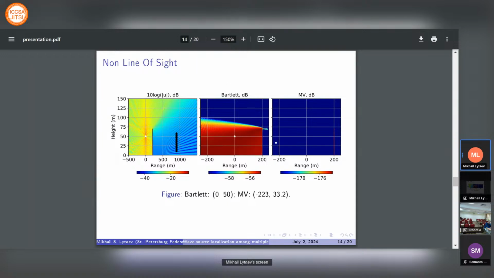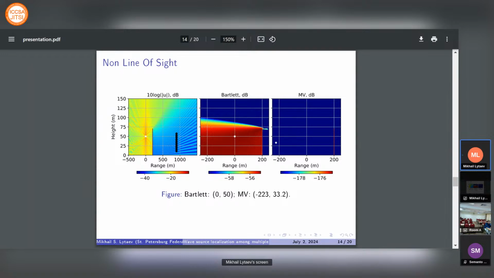Next, we can see the non-line of sight case. There is no line of sight between the source and the array of receivers. Here, the Bartlett method exhibits greater uncertainty behind the obstacles.